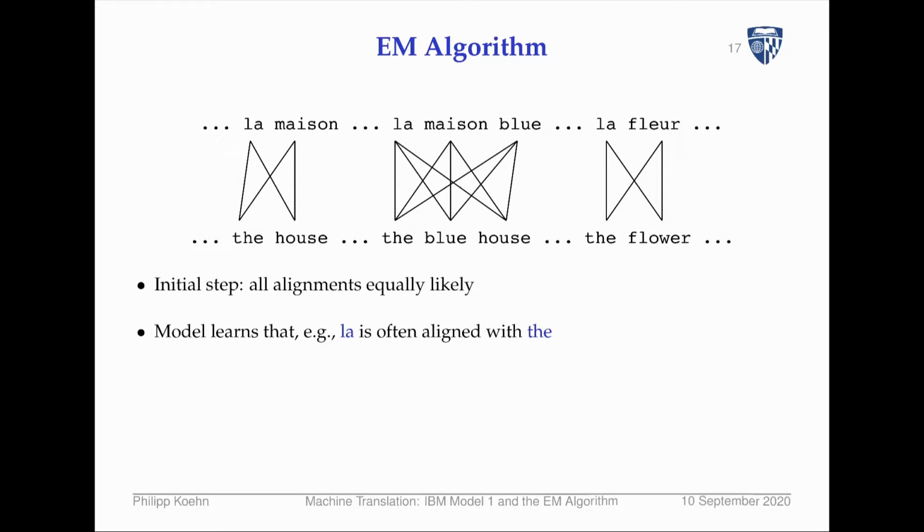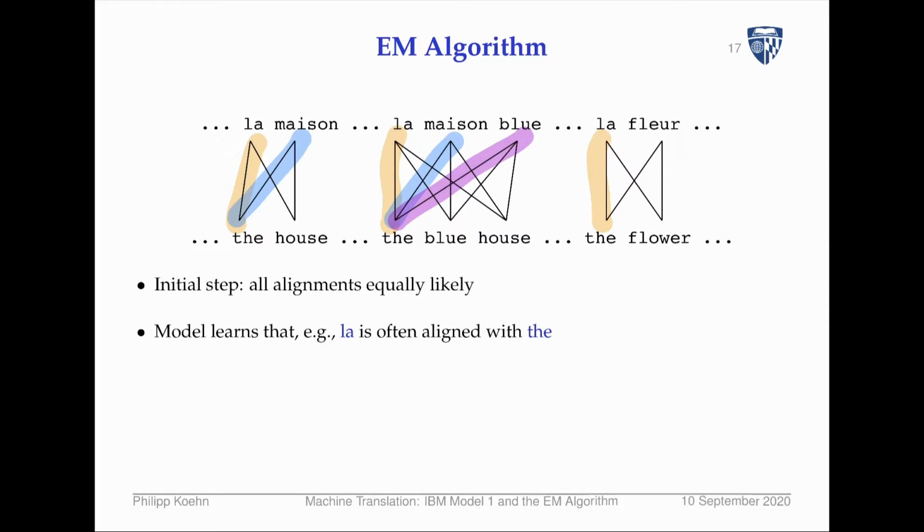So we're still going to learn from this data that the word the is aligned 3 times with the word la. And yes, it's also aligned to other words. For instance, it's aligned to the word house, maison, twice. It's also aligned to the word bleu once.